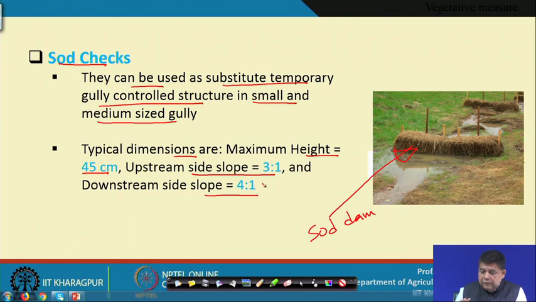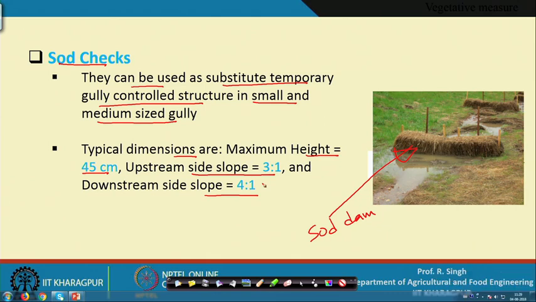So we see that on the approach as well as on the downside we have a flatter slope, so that water does not suddenly approach these structures, and while flowing out it does not fall directly, but passes through a flat slope, so that the velocity is under control and not too much kinetic energy is generated. That is why these typical dimensions are used in the case of sod checks.